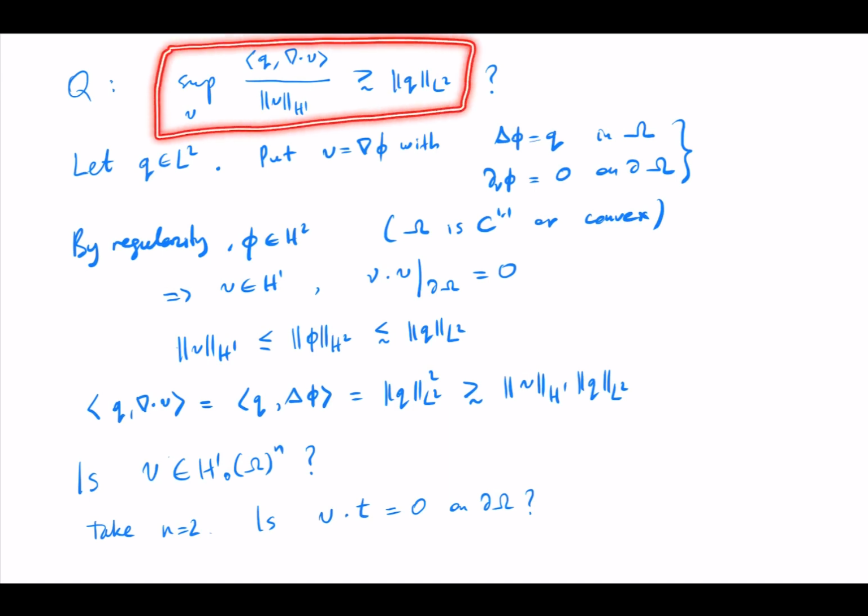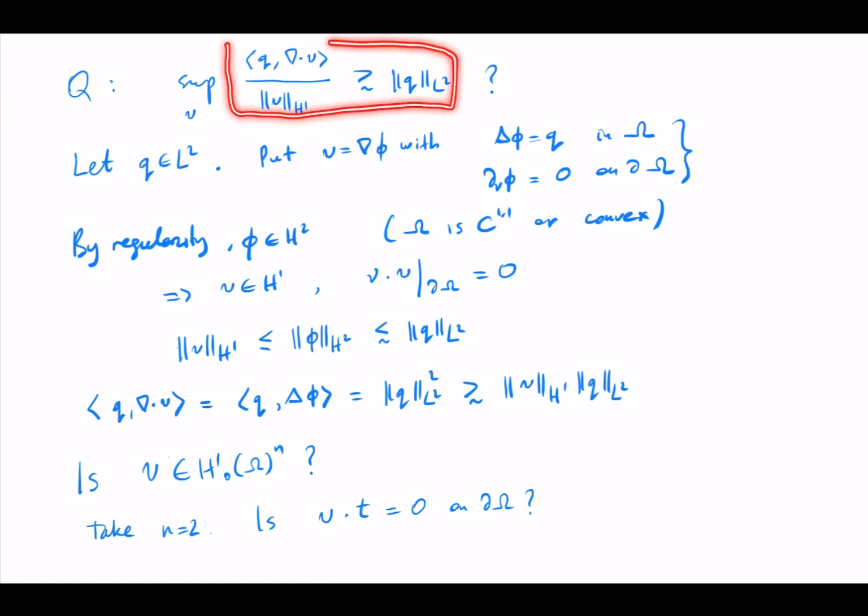So we are basically going to construct, what this condition says is that given q from the pressure space, there exists some v that gives you this inequality.